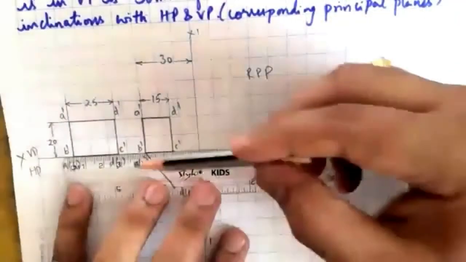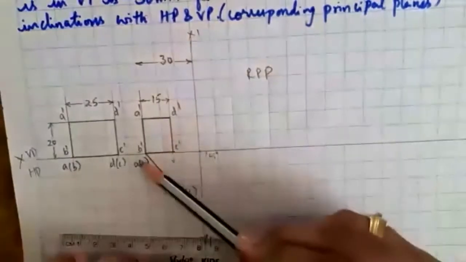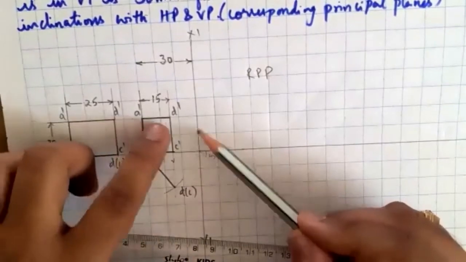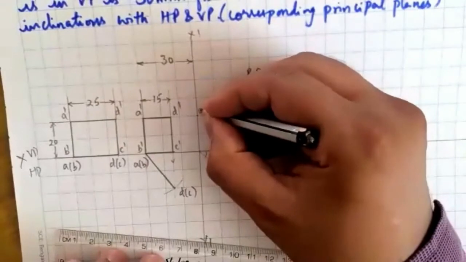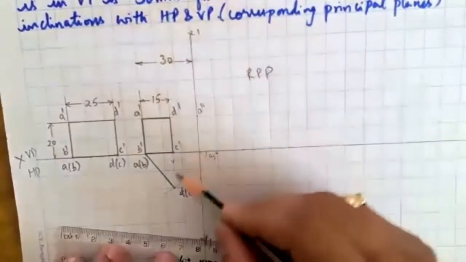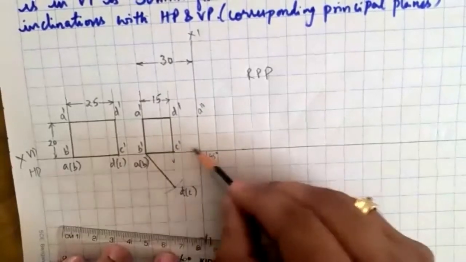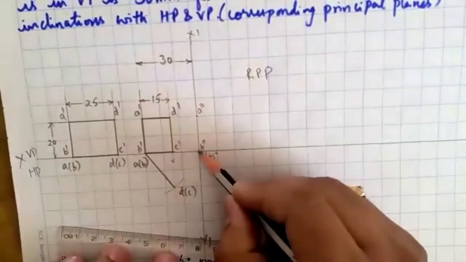See, from A, I'll draw a line till it meets the 45-degree line and extend the line further till it meets the A dash projector. So this is A double dash. Next, from B also, I'm going to draw a line till it meets the B dash projector, that is here itself. This is B double dash, this corner.